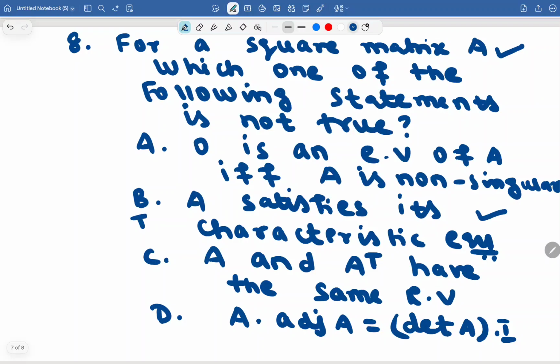Option B is true. Option D, this is a result, that is A into adjoint A is equivalent to adjoint A into A, which is equivalent to determinant A into I. Option D is also true.